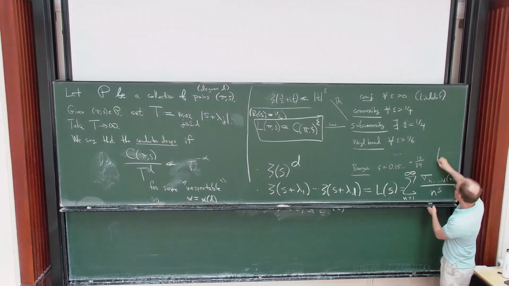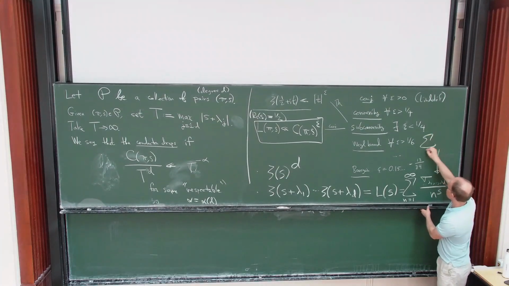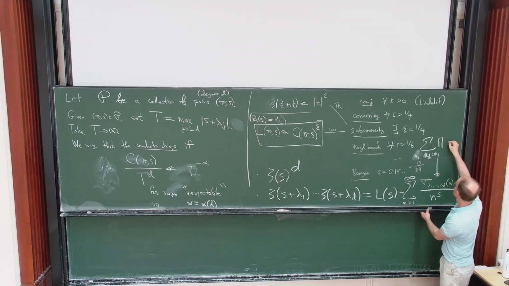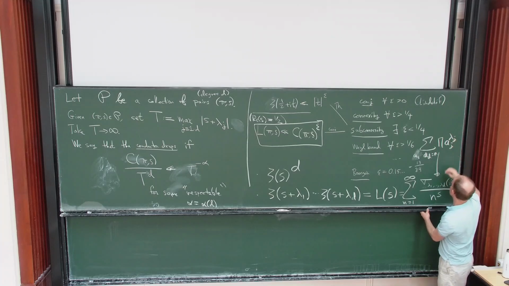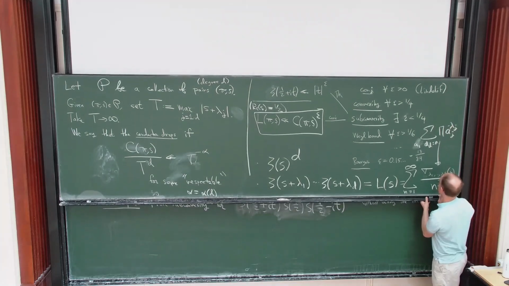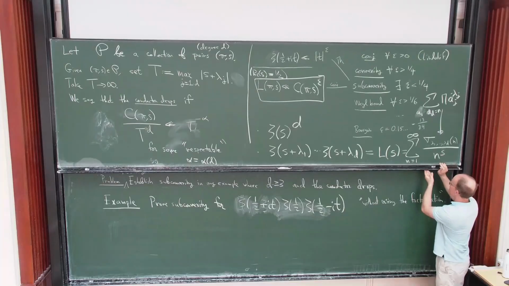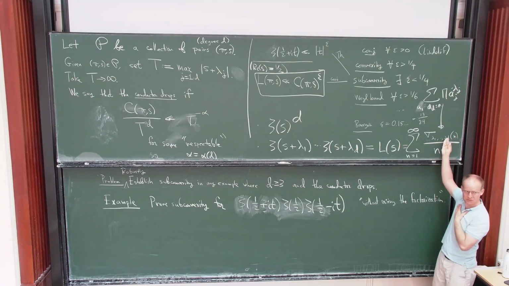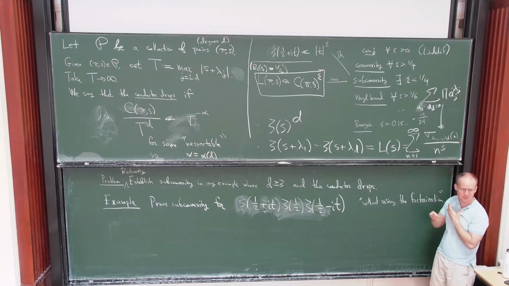This would be a divisor sum over a1 through ad equaling n of the product of aj to the negative lambda j. So don't use that, but instead just use some kind of property of these coefficients that doesn't depend upon that factorization.